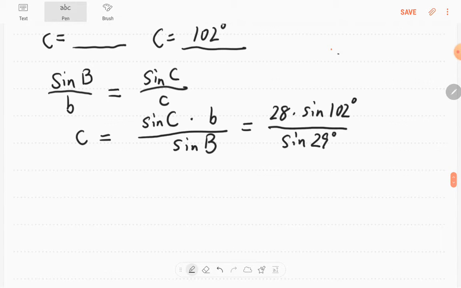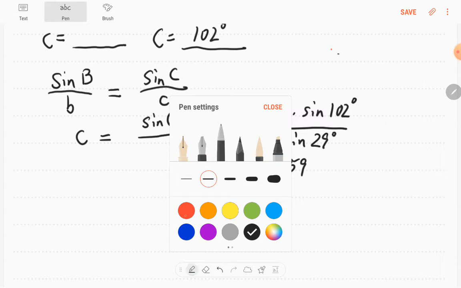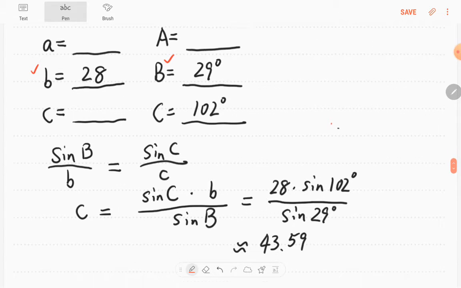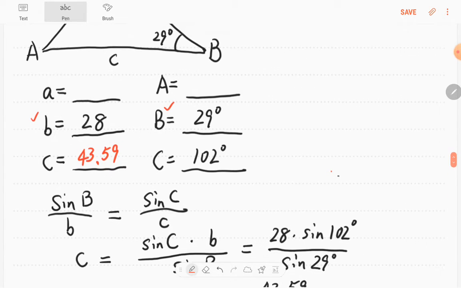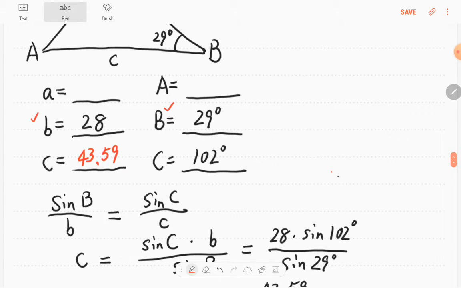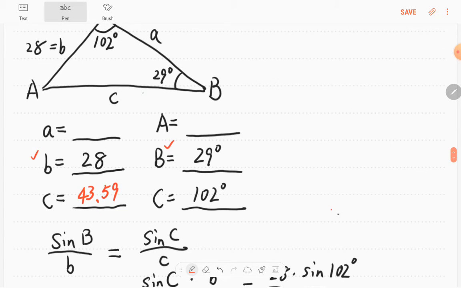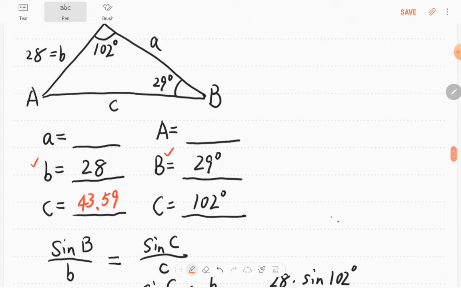So side c, if we keep two decimals, is 43.59 units. So we fill in 43.59 to get the side c. Now we want to know side a and angle A. For angle A, there is a quick way, because if we know two angles in a triangle, we can always get the third angle.